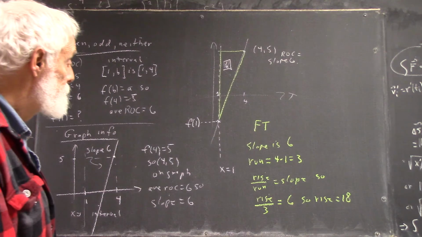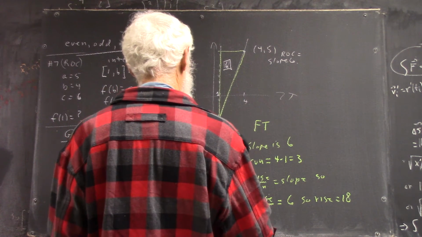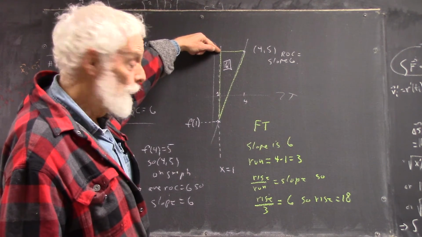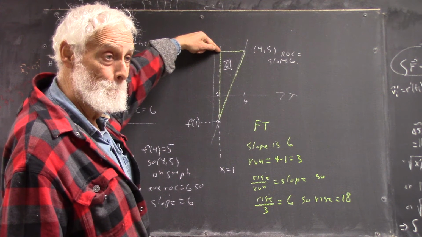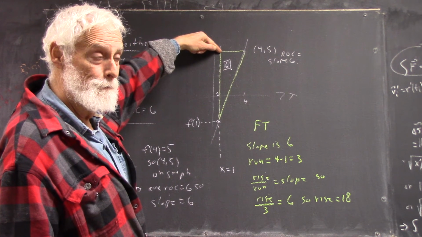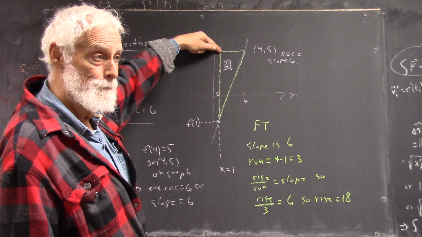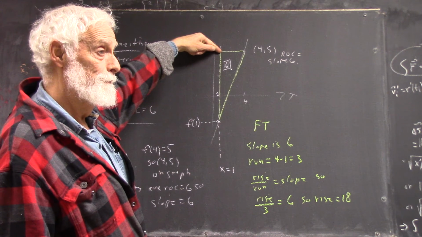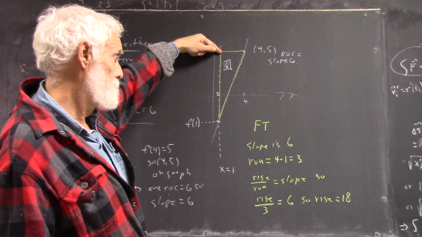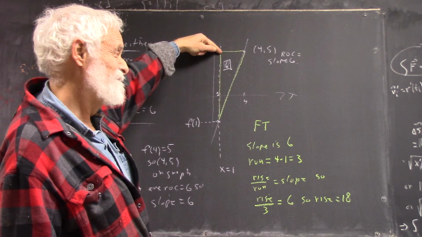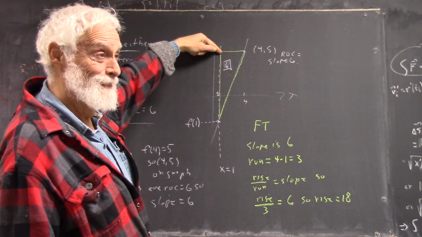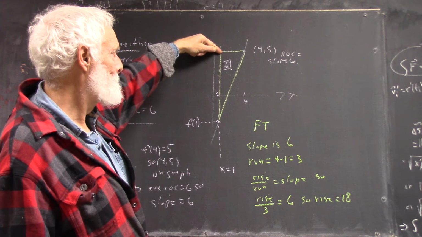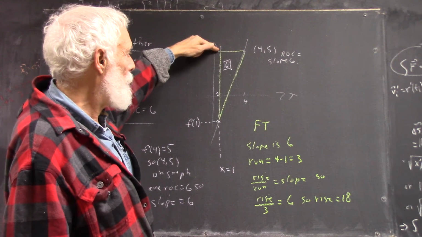So this rise is 18. What's f of 1? Well, how high is this point?